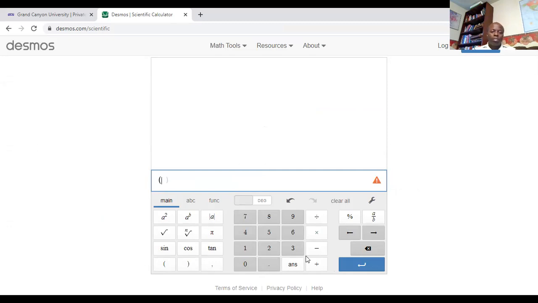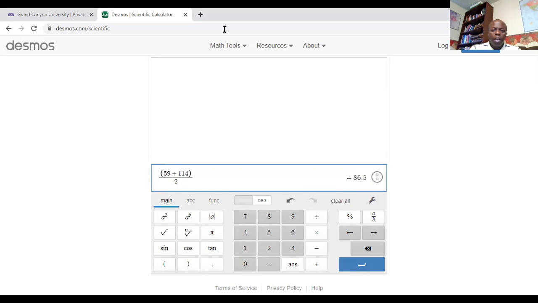So for the first class interval, it's parentheses 59 plus 114, close the parenthesis, divided by 2, which gives 86.5, the same thing we got in our PowerPoint example.